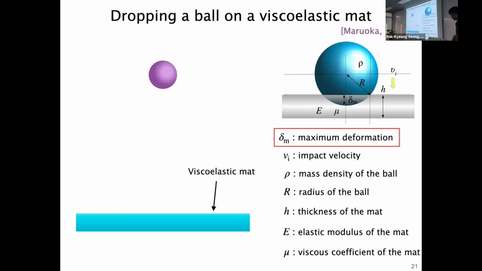So one of the collaborators is a soft matter experimentalist, and he has done this experiment. So there's a mat, and that is viscoelastic. He's going to drop a ball into this mat, and he's going to measure the maximum deformation of this mat.